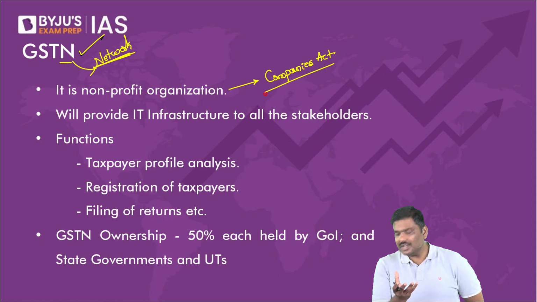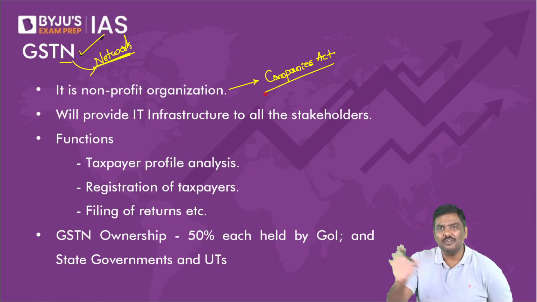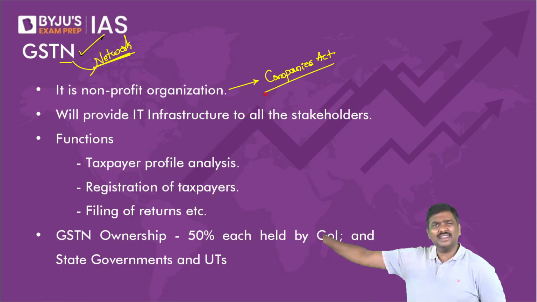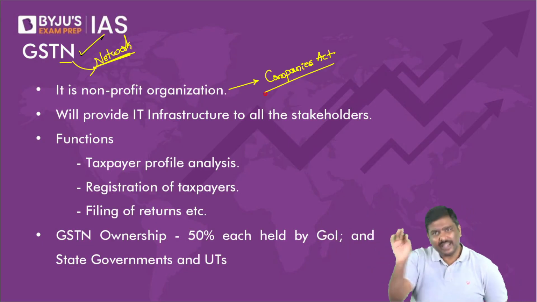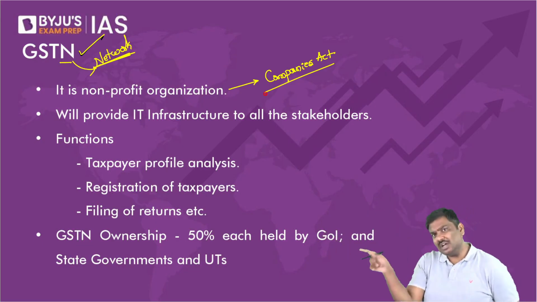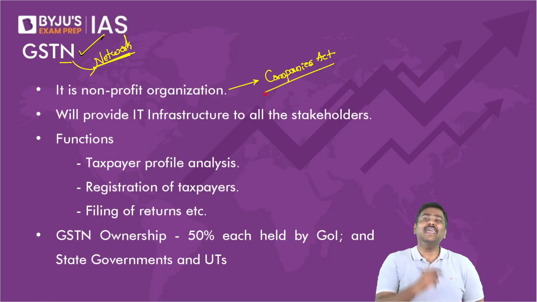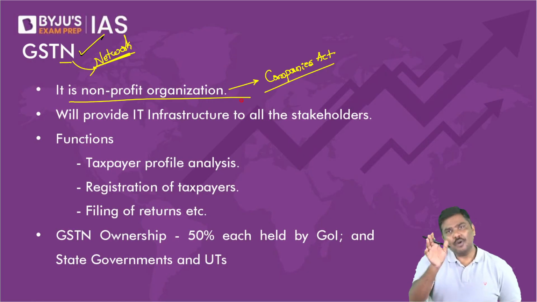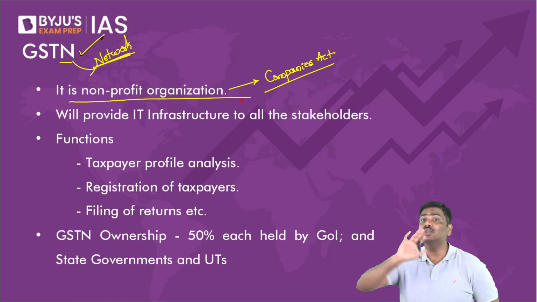Charitable organizations, the one who has set up charitable organization is not working for profit. Unlike any other company, any other private sector company, they are working for profit. The profit will go to the owners. But if you have non-profit organizations, NGOs, charitable organizations, etc., profits might be generated, revenue might be generated, but these are not given to owners.